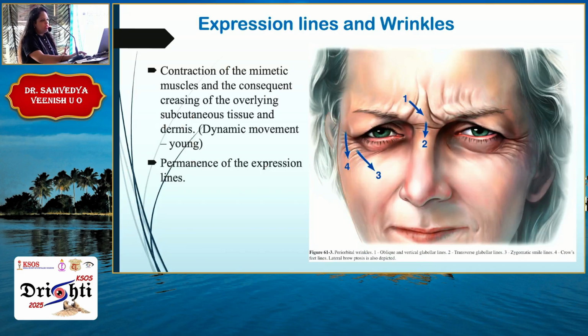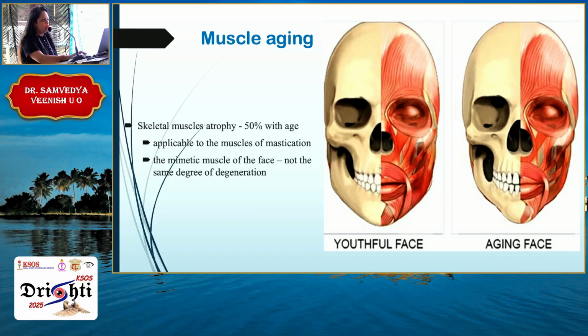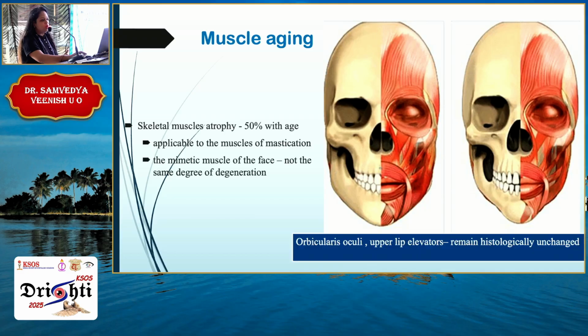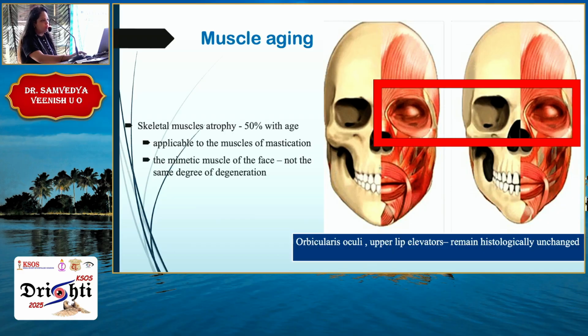The expression lines and wrinkles are a result of contraction of the mimetic muscles. This happens in dynamic movements in young patients, whereas these lines become permanent as you age. Regarding muscle aging, the mimetic muscles of the face do not have the same degree of degeneration as other skeletal muscles. It is noted that orbicularis oculi often remains histologically unchanged with age.